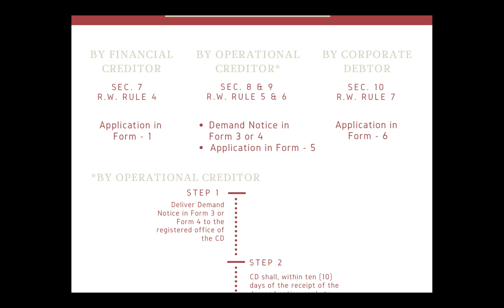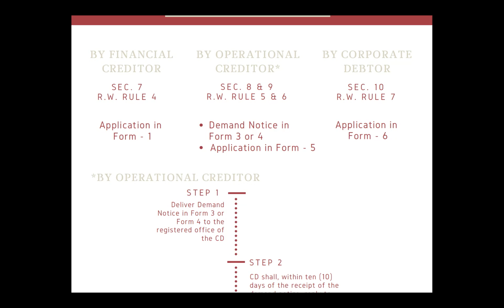Section 7 read with Rule 4. And when I say a rule, here I am referring to the Insolvency and Bankruptcy Application to Adjudicating Authority Rules 2016. And wherever I refer to regulation, I'm referring to the Insolvency and Bankruptcy Board of India, Insolvency Resolution Process for Corporate Persons Regulations 2016.